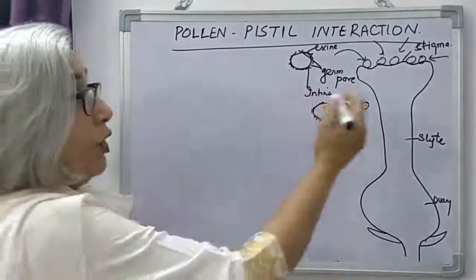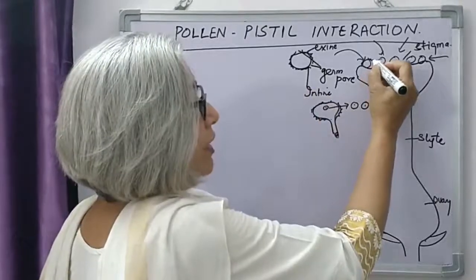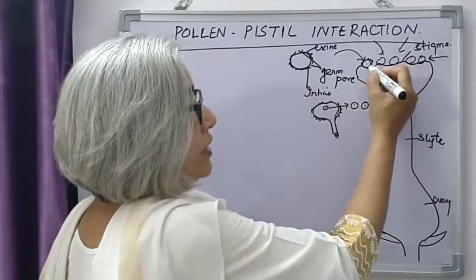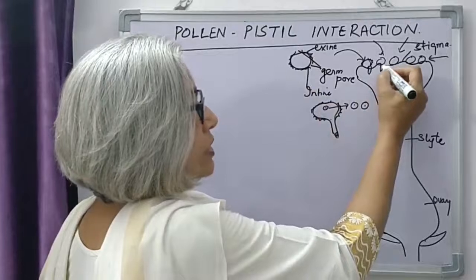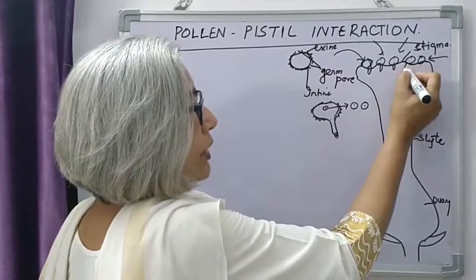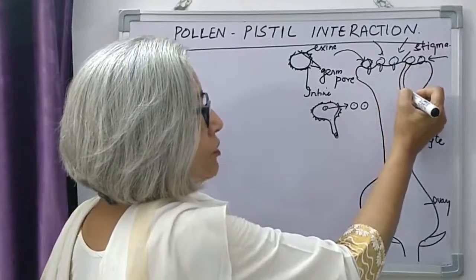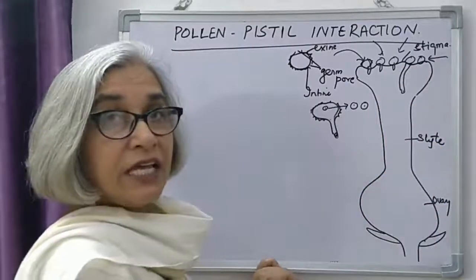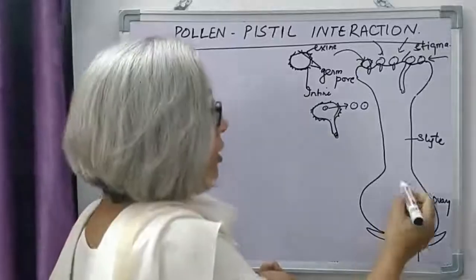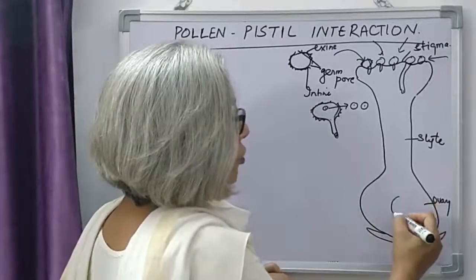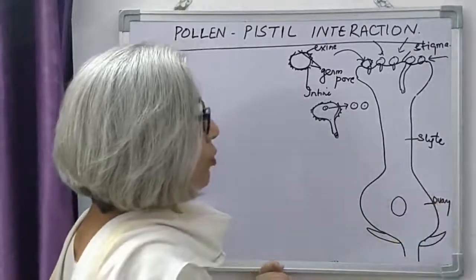Now after the right pollen has reached the stigma, several pollen grains will germinate, but only one of them will be able to move down. The pollen tube will extend to reach the ovule. Now coming back to the ovary, the ovule is present inside the ovary.